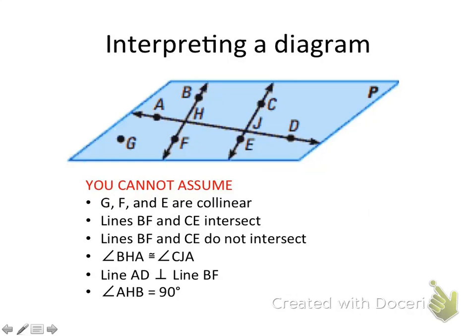Line AD is perpendicular. Again, this is the sign for perpendicular. Do not assume that two lines are perpendicular. Let me spell that right. How about perpendicular?